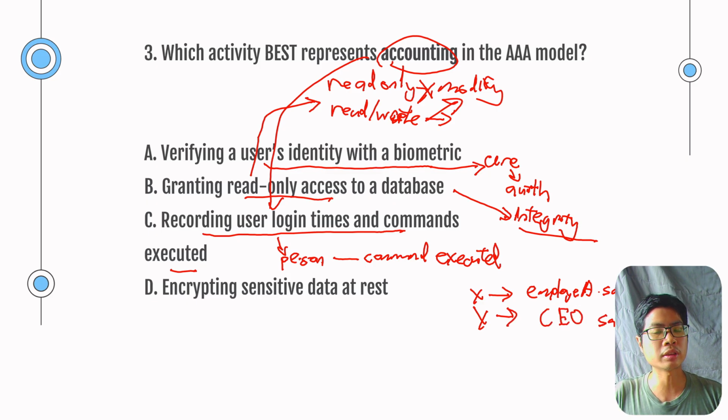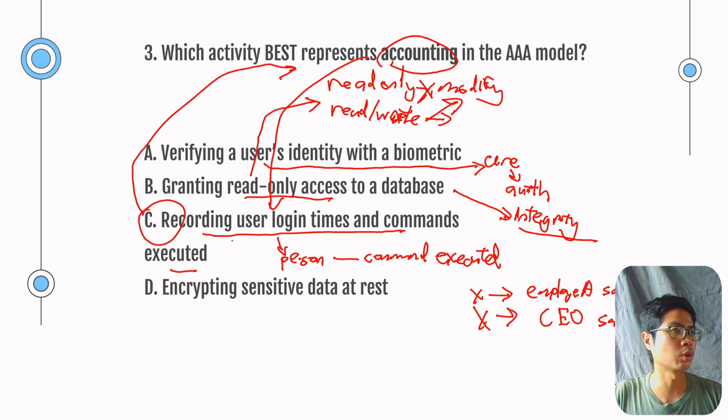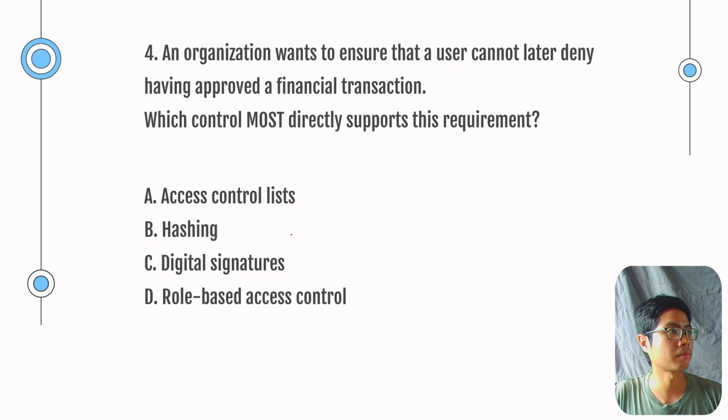If he's only supposed to access employee A, for example, a new employee who has just joined the company and was caught accessing the CEO salary, that would not be a good outcome, and we would need an accounting control to detect that this is happening. So the answer here is C.